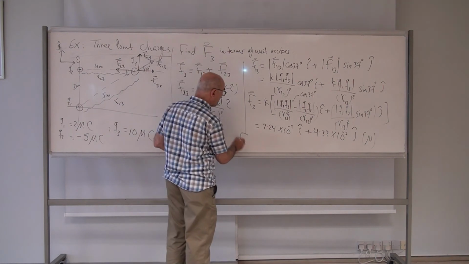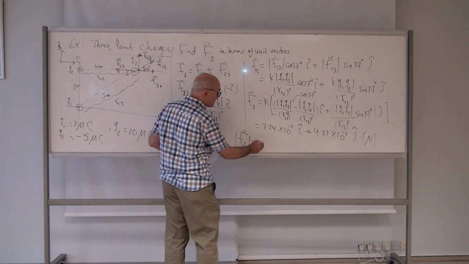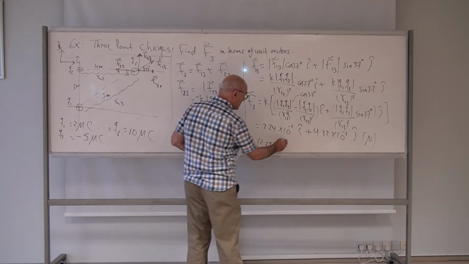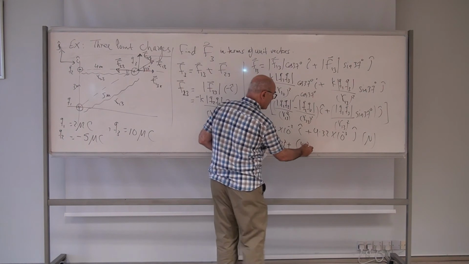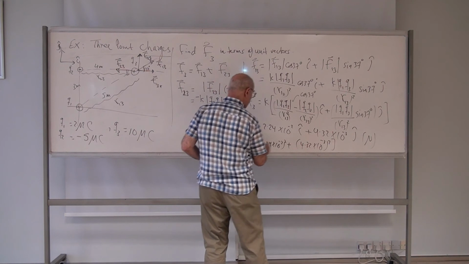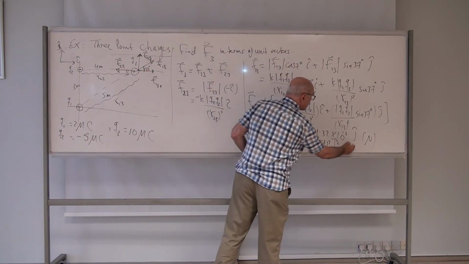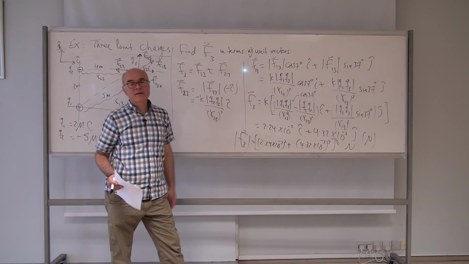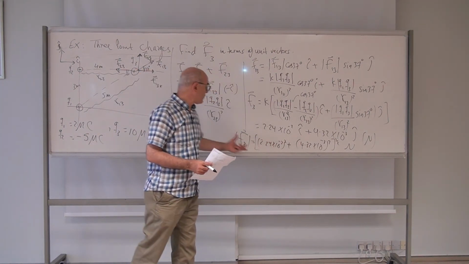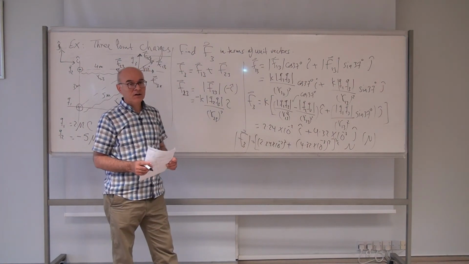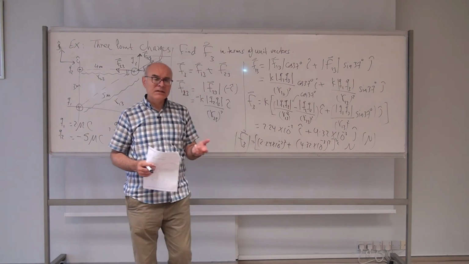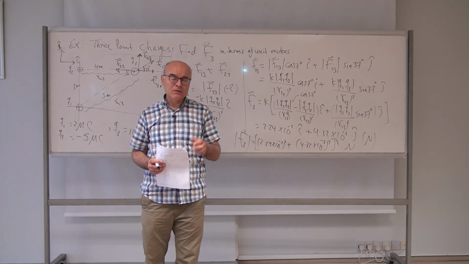And if you want to find the magnitude of this force, it is just 2.24 times 10 to the power minus 2 squared plus 4.32 times 10 to the power minus 3 squared, and you put this all under a square root, evaluate this expression, and you get the magnitude of the net force on the charge Q3.